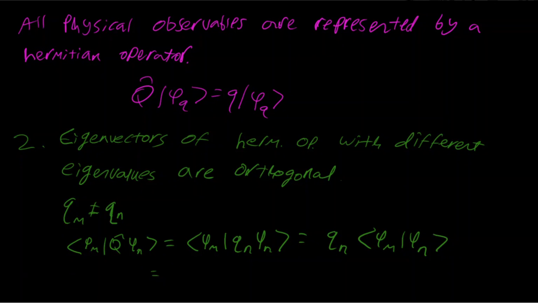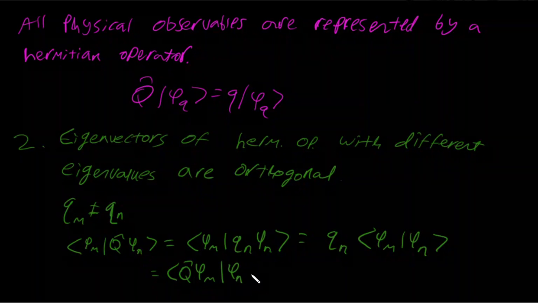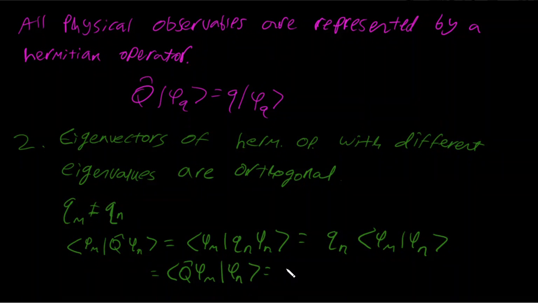Well, now let's look at this. This is also equal to, well, this is a Hermitian operator, so it can sort of hop the inner product. Q hat acting on phi m inner product with phi n, which is qm phi m inner product with phi n.